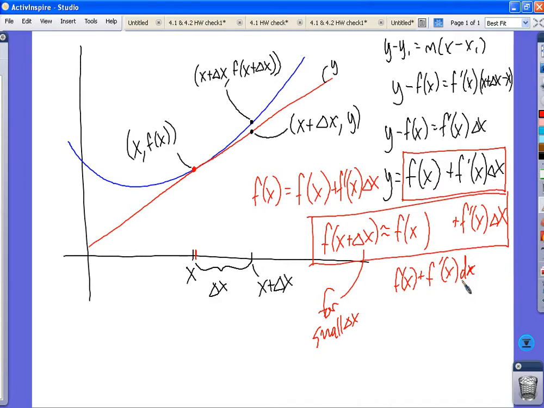Okay? It's the same concept as the dx in dy over dx. Very small change in x. A very small change in x is going to give us a very small change in y. Okay? And that very small change in y plus the original y value will give us our approximation.